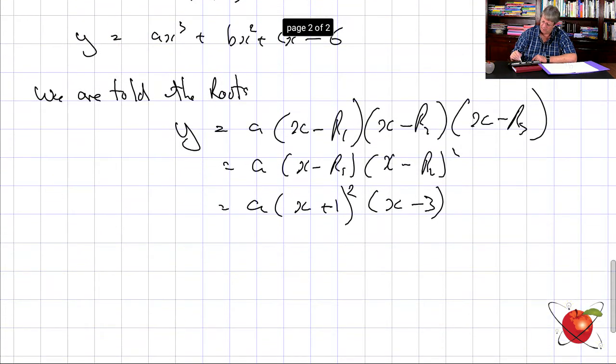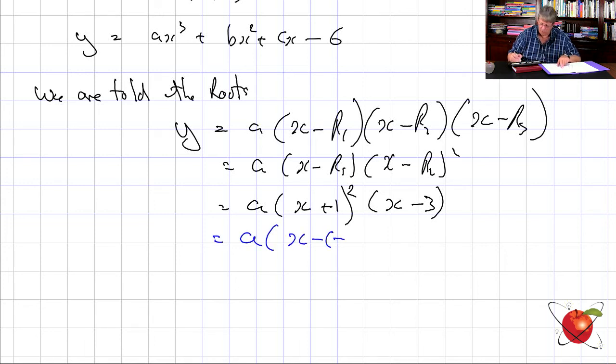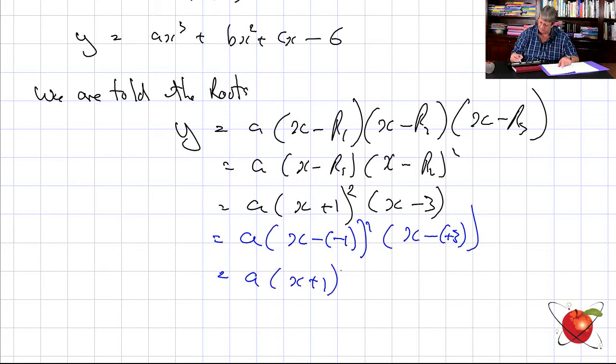Therefore, I can put it in like that. Now you say, where does that minus come from? Just a little thing here. A, x minus 1 and x minus plus 3. You put the number in as it's given, like so.